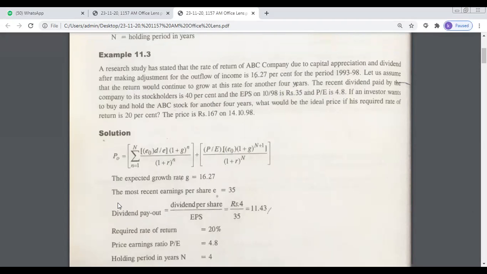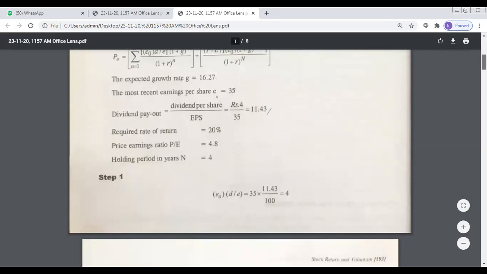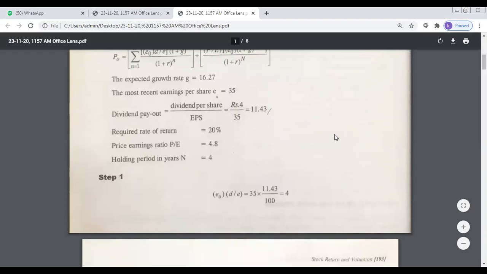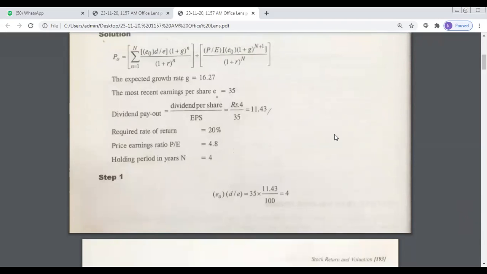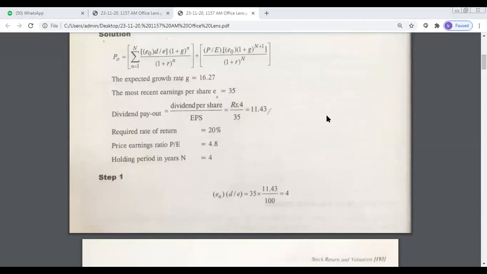I hope all of you know what the dividend payout ratio is. It is the fraction of earnings paid to stakeholders in dividends.